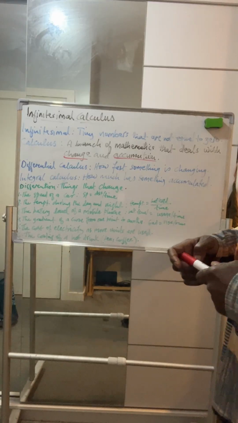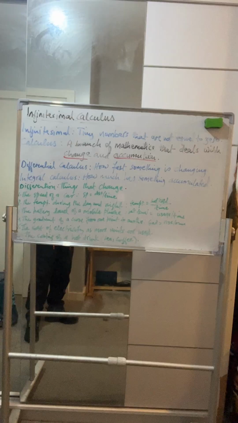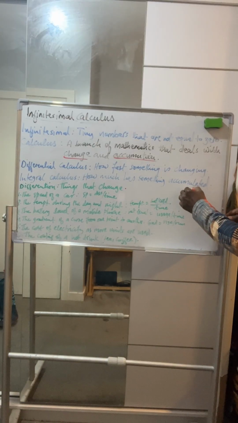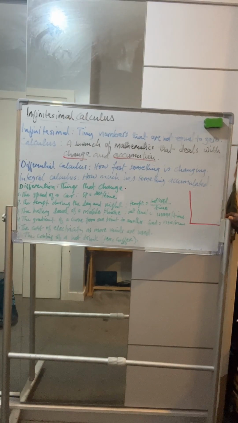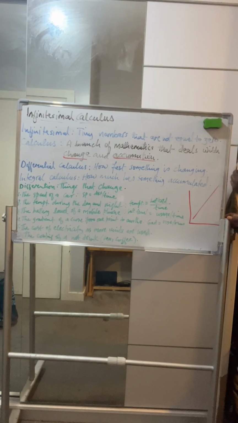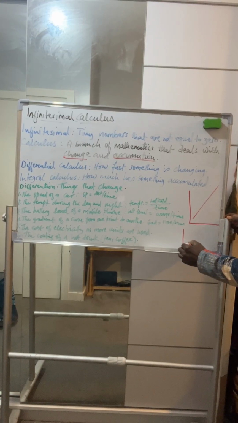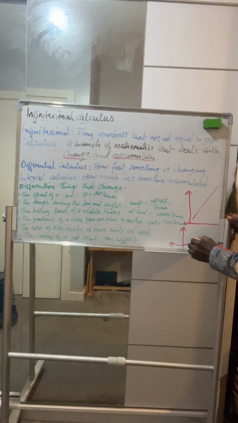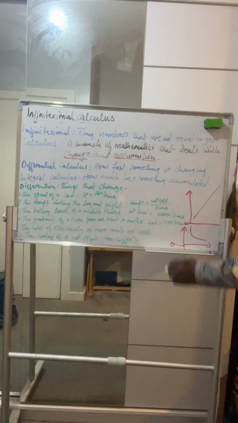And one other thing that changes is the gradient of a curve from one point to another. A curve in mathematics, when we say a curve, it could be a straight line. Let me just draw so that you know what I'm talking about. A curve could also be like this.